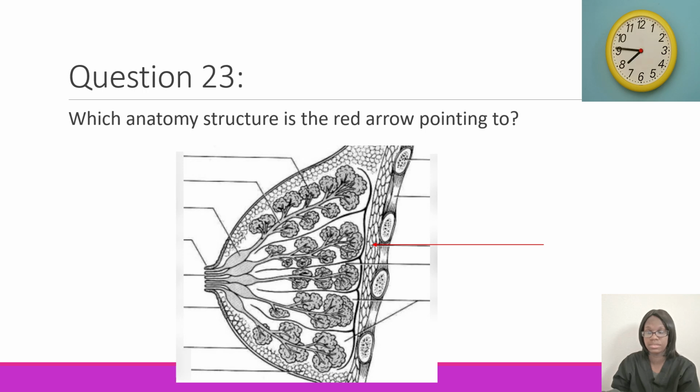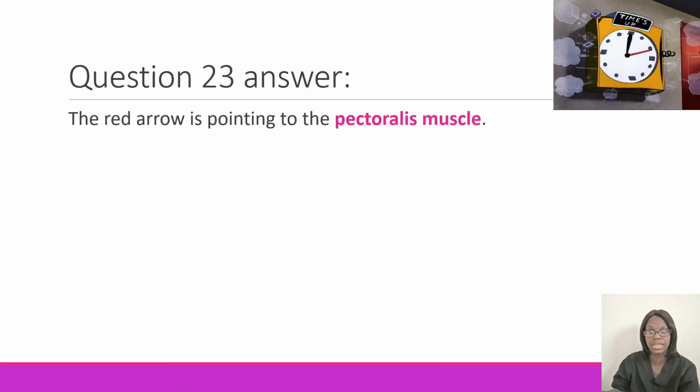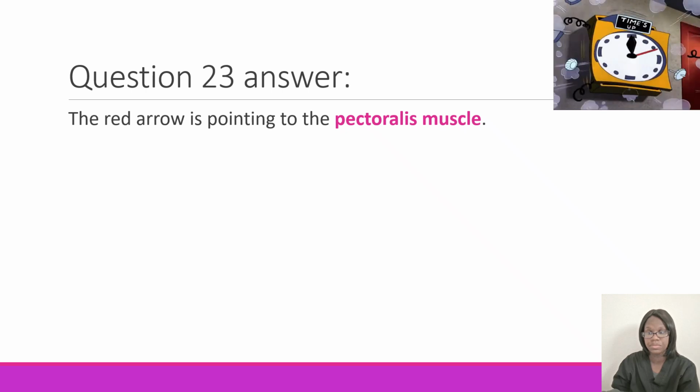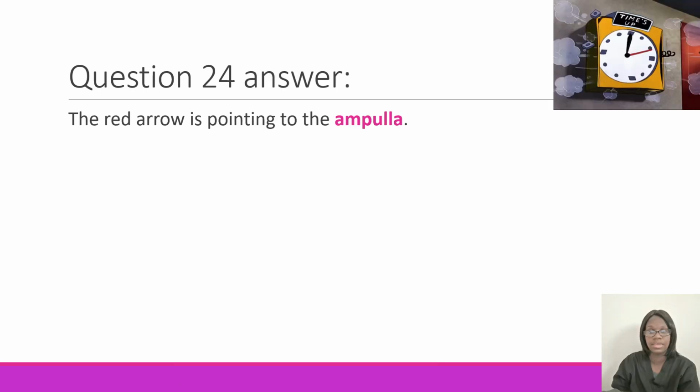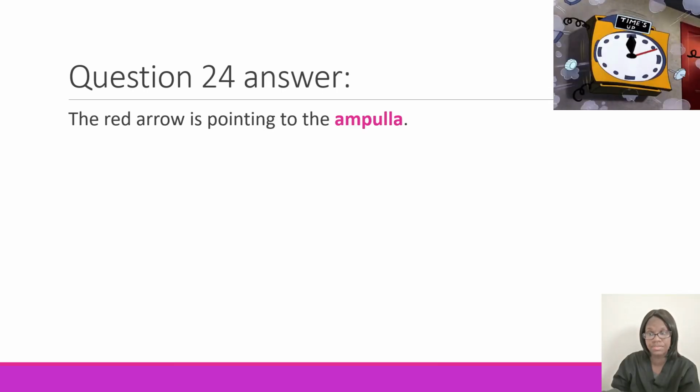Right, the correct answer is the pectoralis muscle. Question 24. Which anatomy structure is the red arrow pointing to? Right, the correct answer is the ampulla.